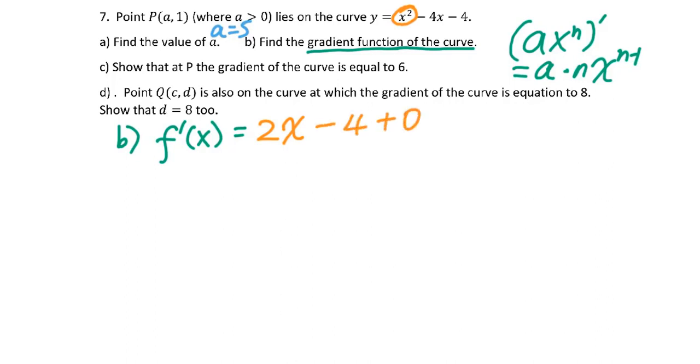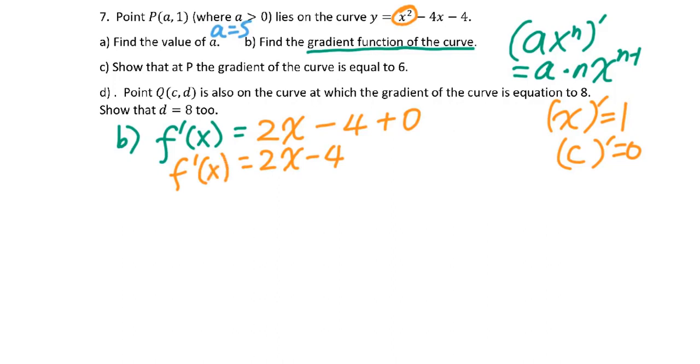Remember, for x the derivative equals 1, and a constant number equals 0. So you get 2x minus 4. That's the gradient function.